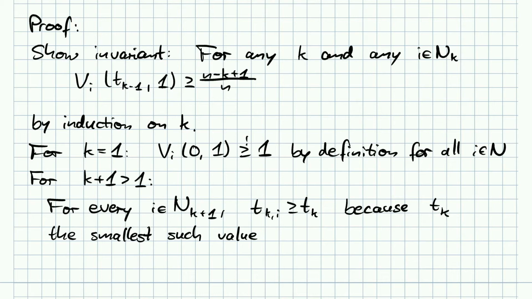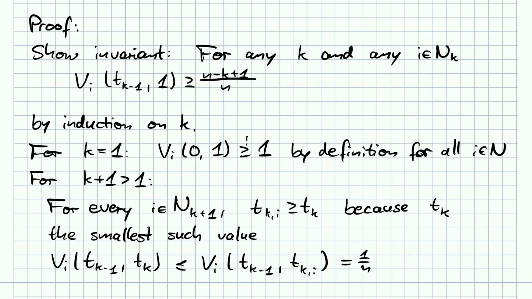This now means that vi of (tk minus 1, tk) will be at most vi of (tk minus 1, tk, i), and this, we said, is exactly 1 over n.